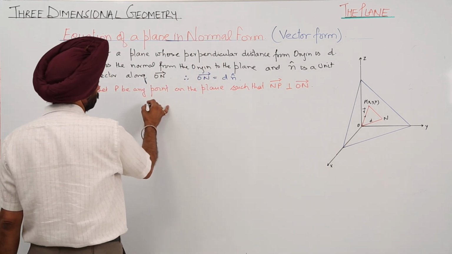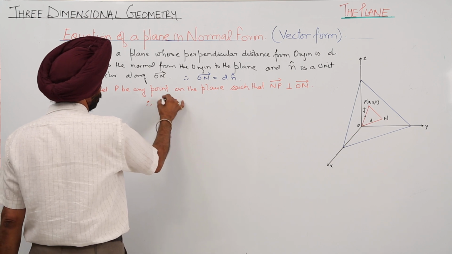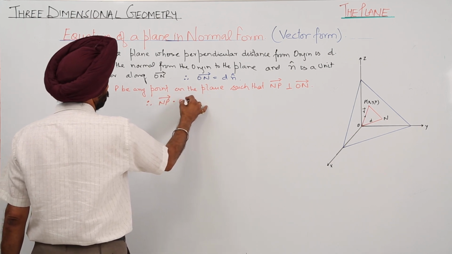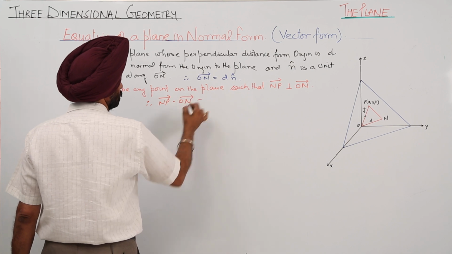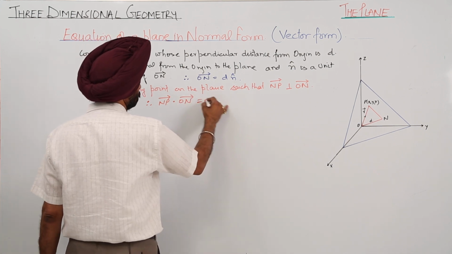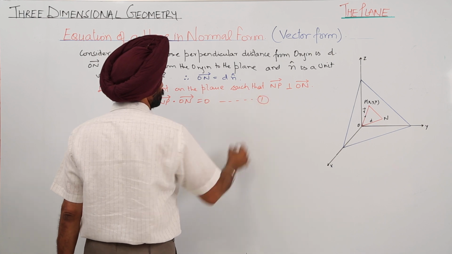Therefore vector NP dot vector ON is equal to 0. Equation 1.